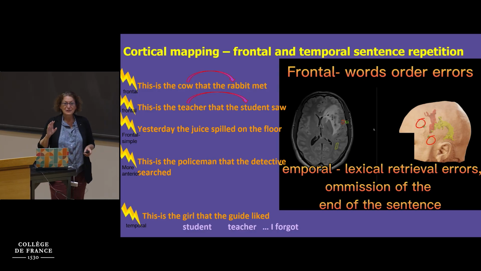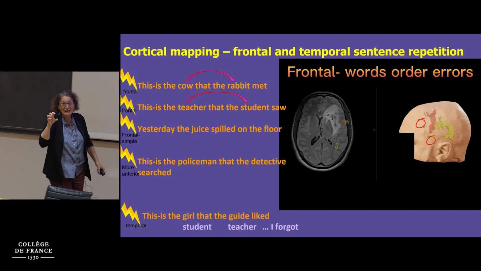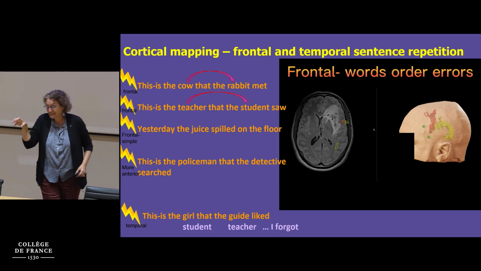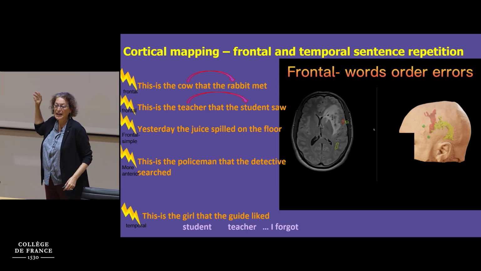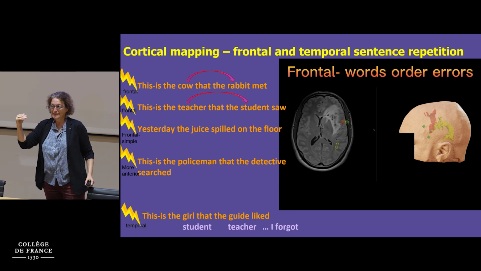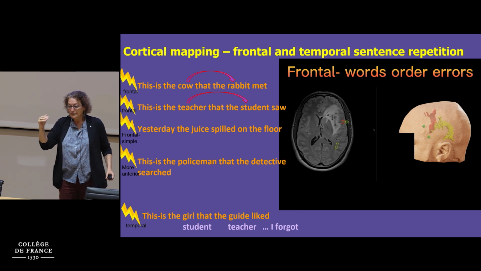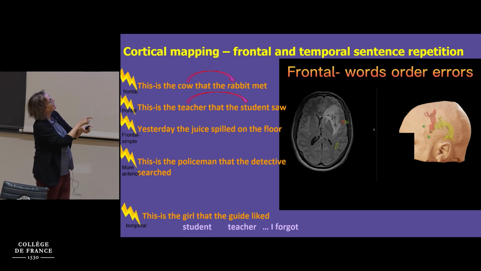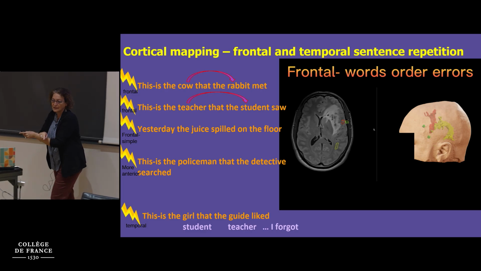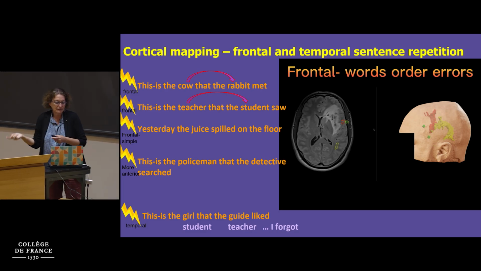Okay, now I'll tell you what you saw. So first of all, we see stimulations in an area that has to do with movement. Probably this IFG area, Broca's area. And what you see is that we say a sentence with movement, and he repeats it with the roles reversed. So instead of this is the cow that the rabbit met, he says this is the rabbit that the cow met.